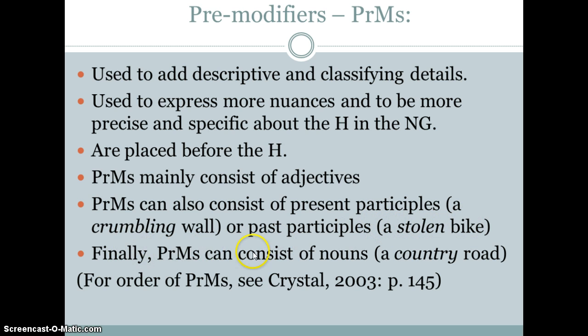Finally, pre-modifiers can consist of nouns, a country road. And again, if you want to see more about the orders of pre-modifiers, you could look at David Bristol on page 145.